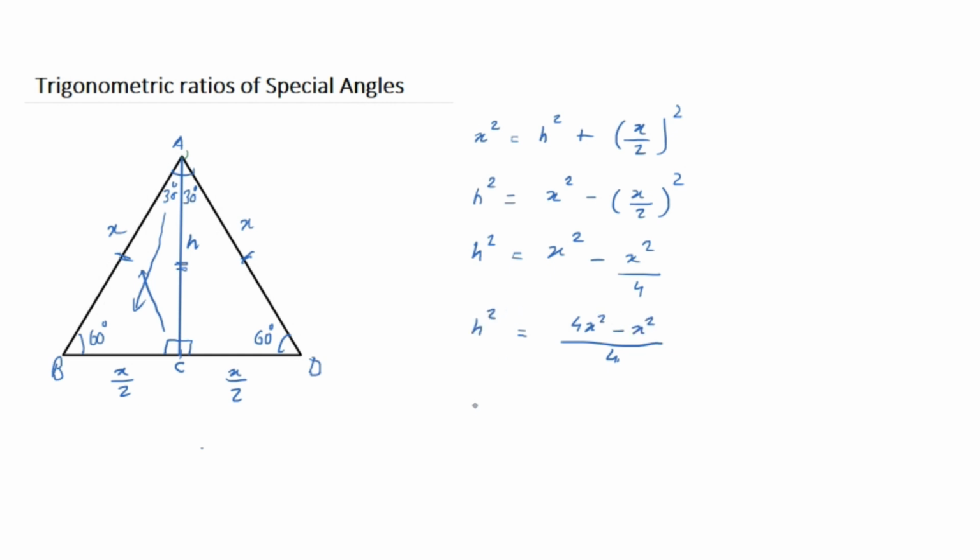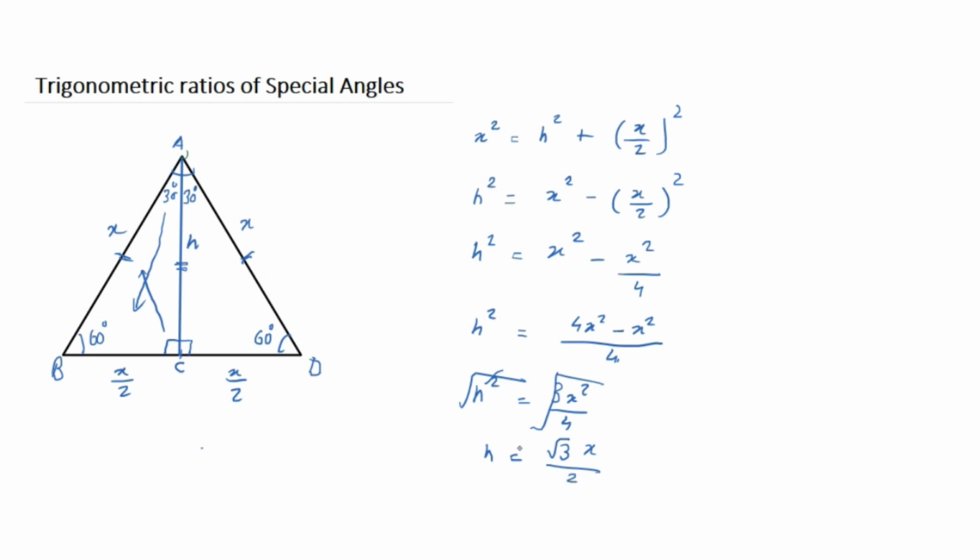Therefore h square will be equal to 3x square over 4, and then I can take the square root of both the sides. So the square and the square root get cancelled, so we get h is equal to root 3 times x over 2.